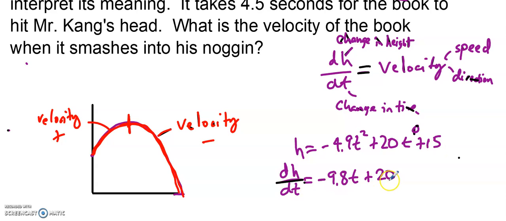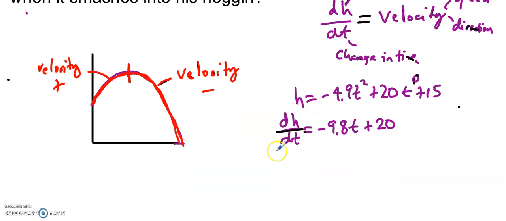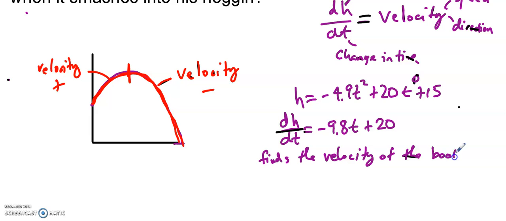So this right here is my dh dt, and its purpose, this equation will find the velocity of the book for any given time t.